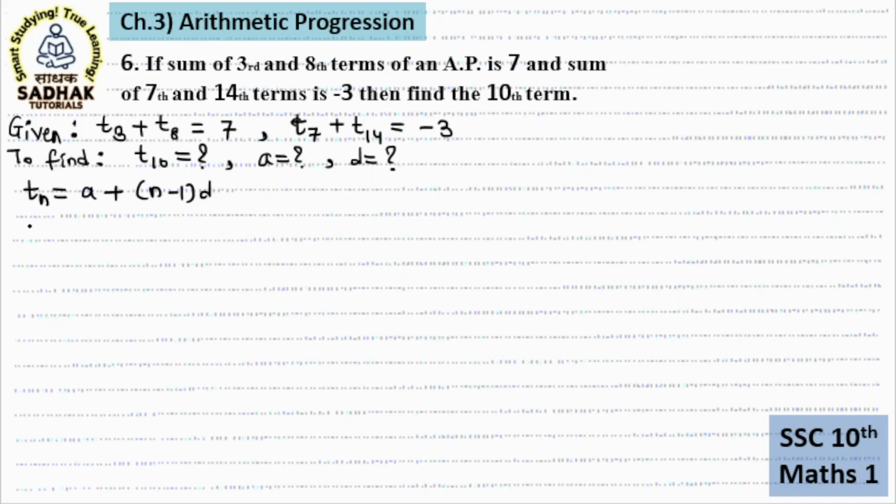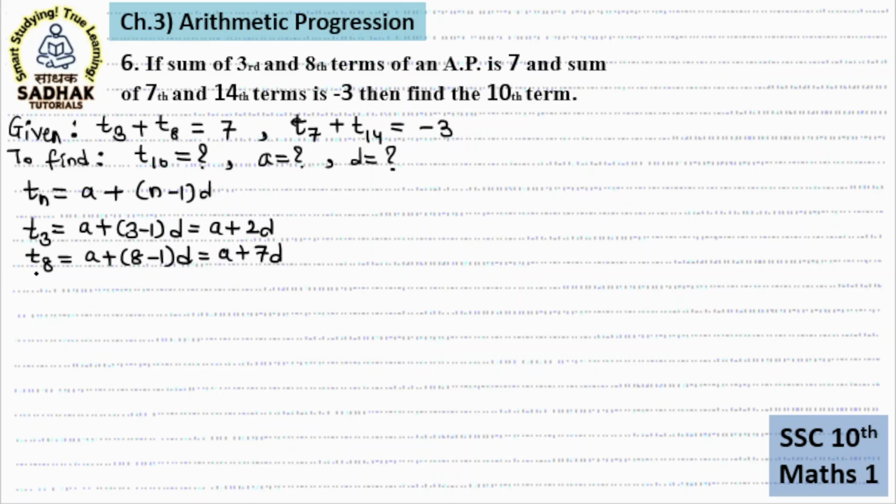So first T3 will be a plus 3 minus 1 d, so that is a plus 2d. Same way T8 will be a plus 8 minus 1 d, so that is a plus 7d.